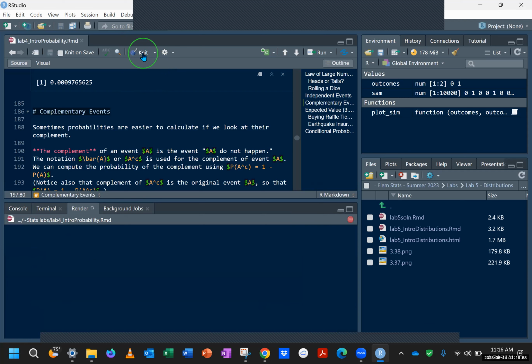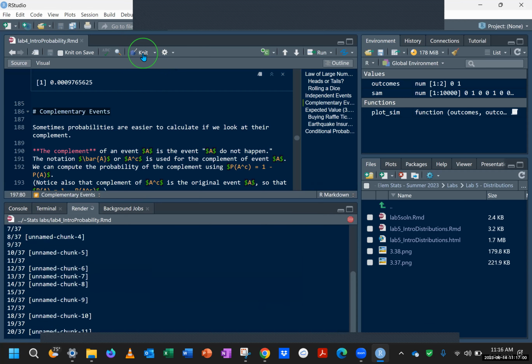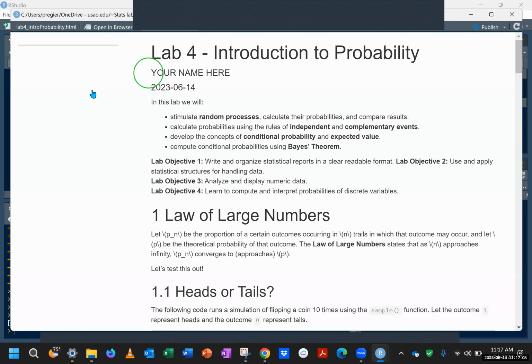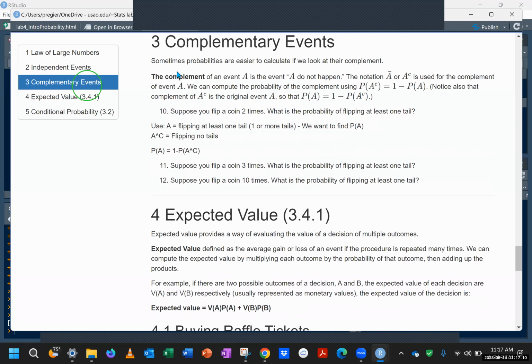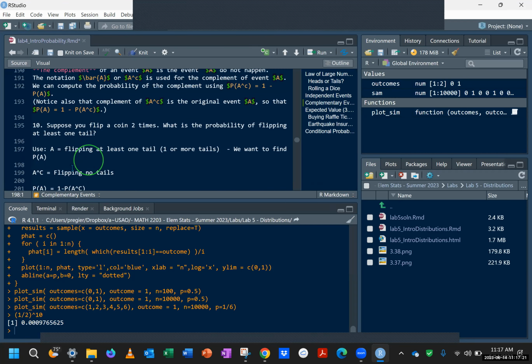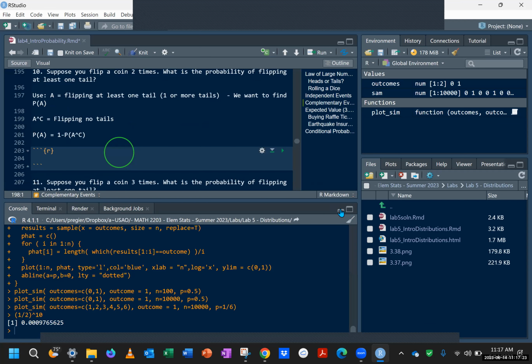If you found any errors, you'll catch them sooner, so you're not looking at a whole document of errors, but hopefully just a few. So no errors. Now I can review. I was working on complementary events. See, these are on separate lines now. Makes it easy to read. It's a little trick. Or you can always put a new line in between them and then it'll put them on new lines.